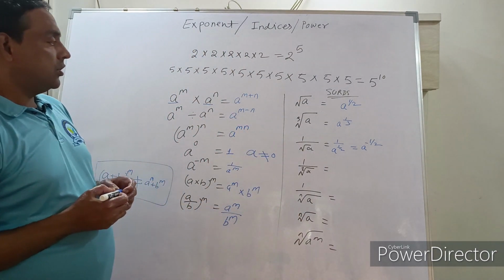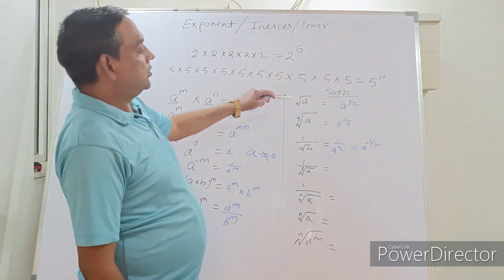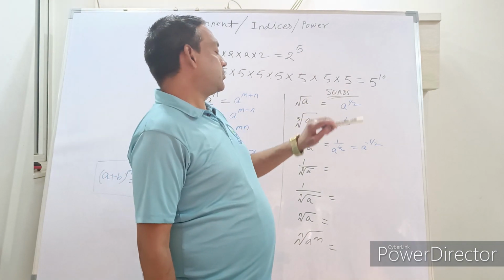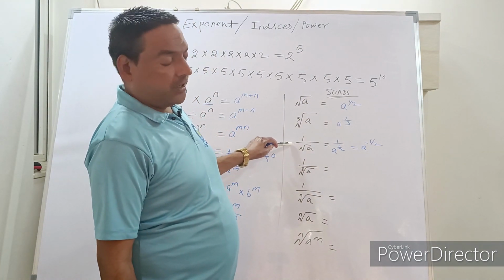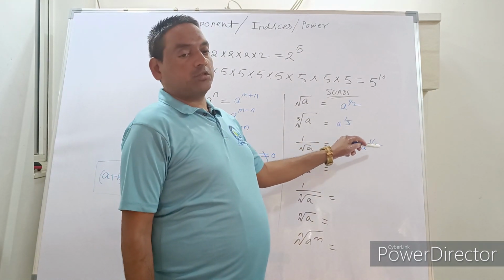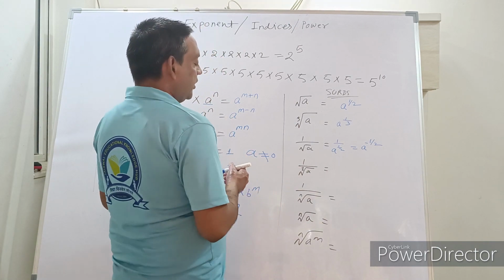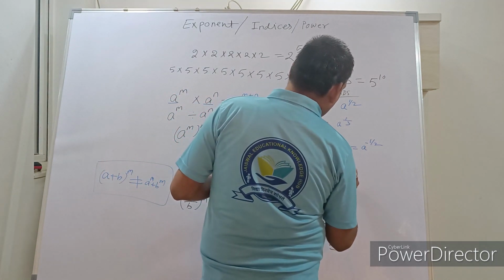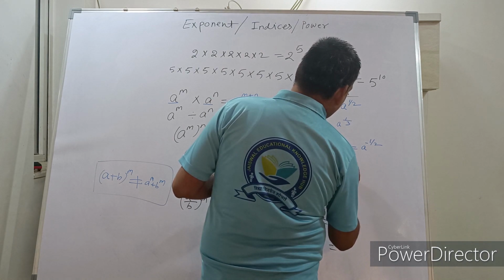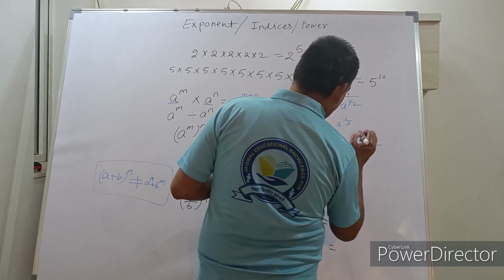Okay, so whatever is given as root of a becomes a raised to half, but if it is given in the denominator, it becomes a raised to minus half. Same way 1 upon cube root of a is nothing but a raised to minus 1 upon 3.